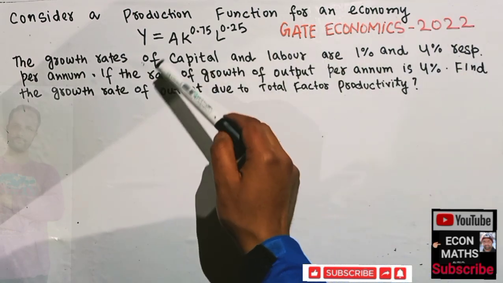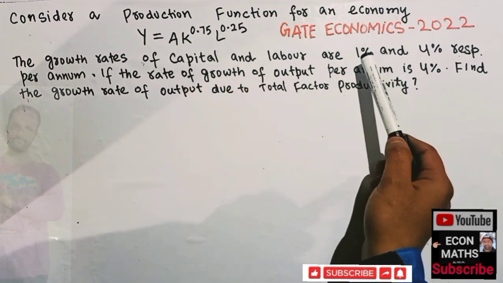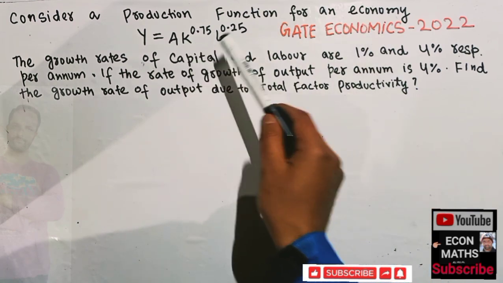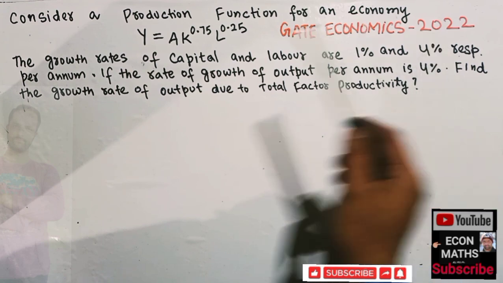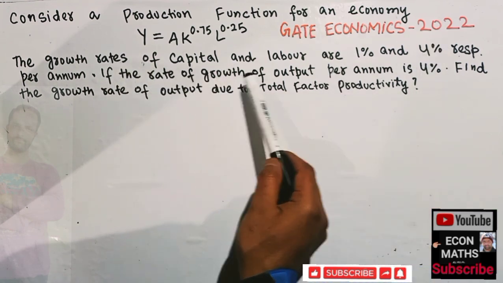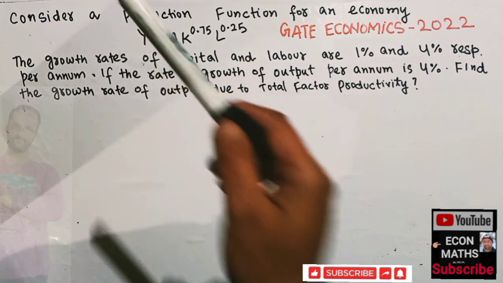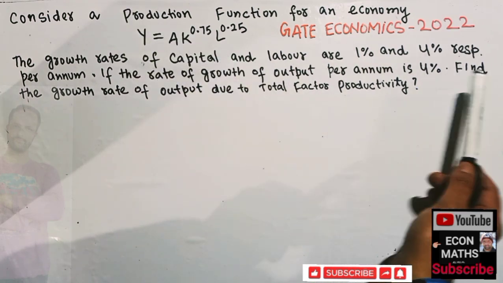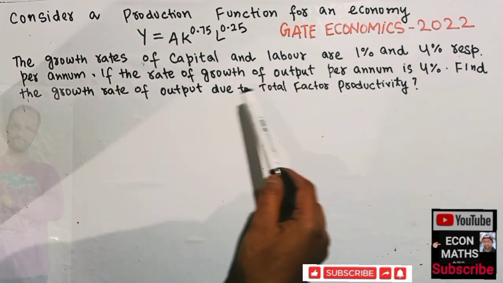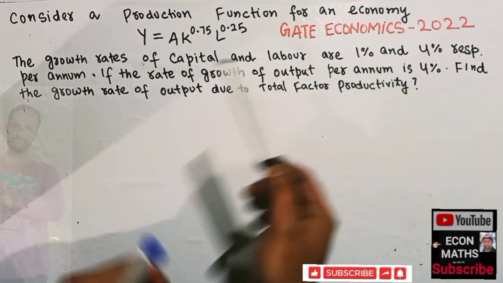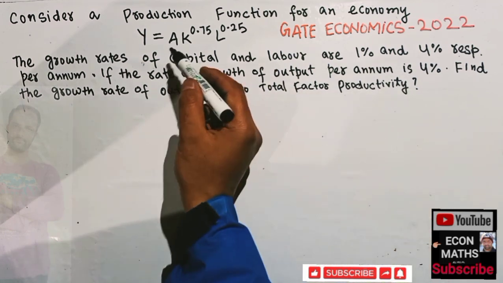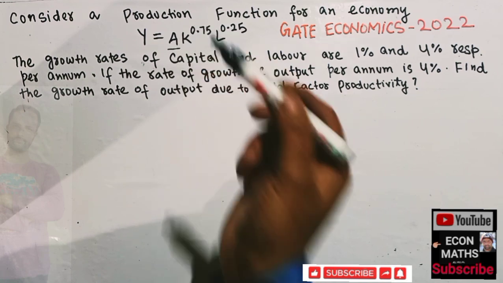That means capital grows at 1% per annum and labor grows at 4% per annum. If the rate of growth of output per annum is 4%, find the growth rate of output due to total factor productivity. We have to find the growth rate due to total factor productivity.